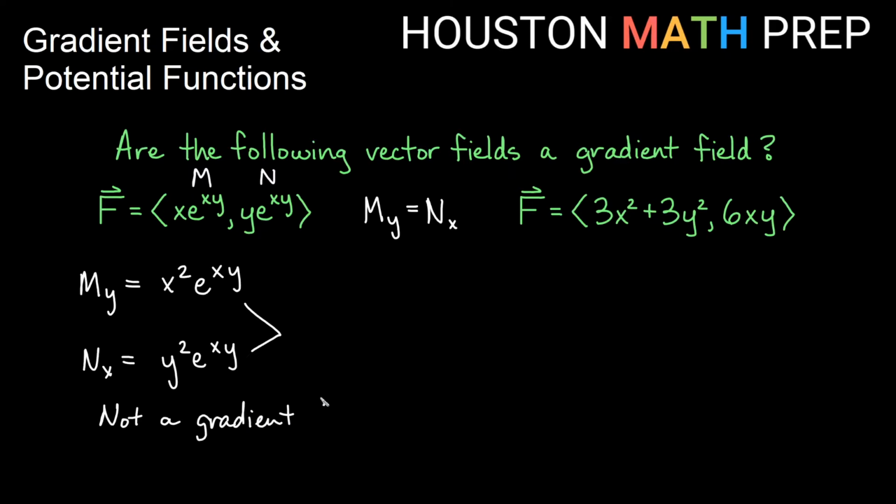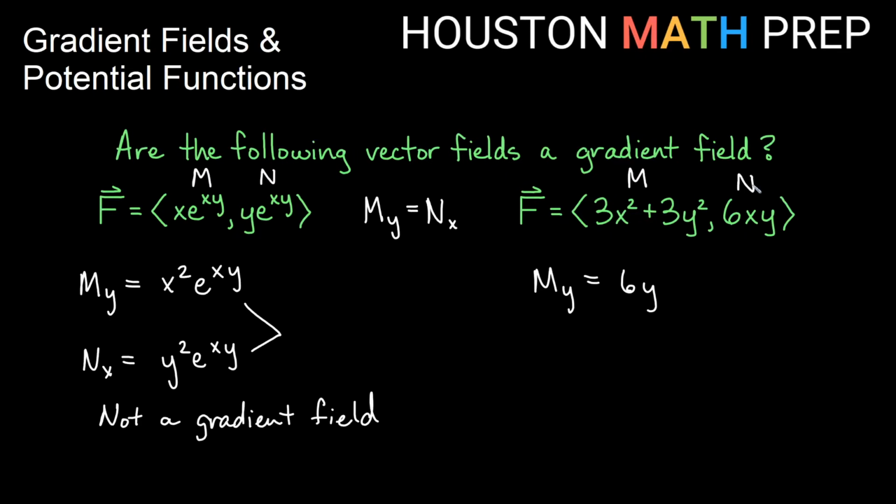Let's look at the other one. Here I have my vector field 3x squared plus 3y squared, comma 6xy. So in this case, this is my m, and this is my n. So I want to first figure out what is partial y. If I take the derivative of m with respect to y, this first term here with respect to y is just a constant, so its derivative is 0, and the derivative of this with respect to y is going to be 6y.